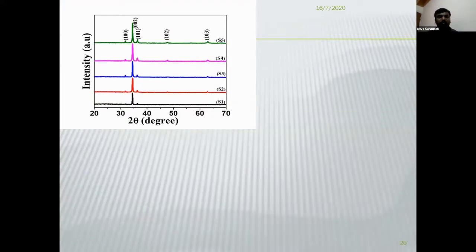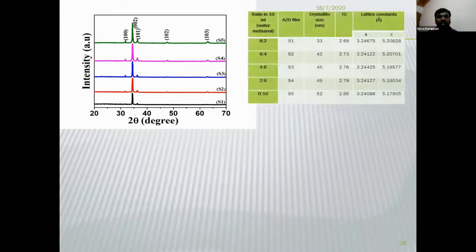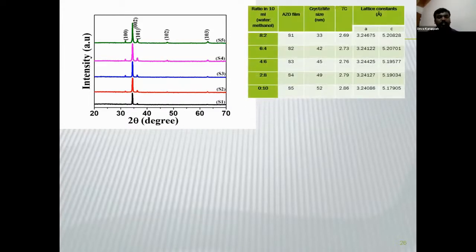As per the same, here I mentioned S1 to S5: S1 has higher water content, S5 has methanol content. Here I considerably increased the methanol from 2 ml to 10 ml. For the fifth sample, S5, with 10 ml of methanol solvent, it has the highest crystallinity, like 52 nanometer.